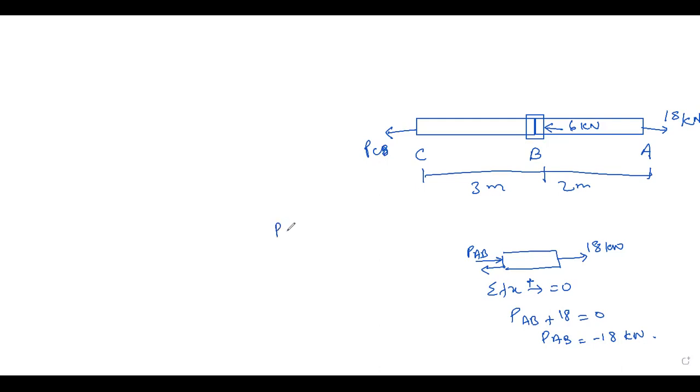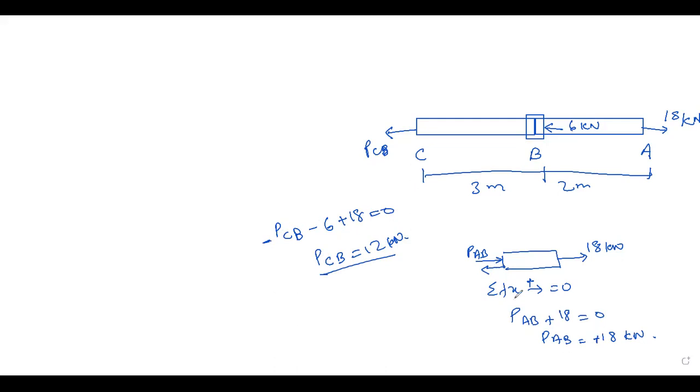So PCB minus 6 plus 18 equals 0. If we take it from the other side, it will be 12 kilonewton. So PCB is also tension, with a magnitude of 12 kilonewton, and the magnitude of PAB is 18 kilonewton positive in the tension direction.